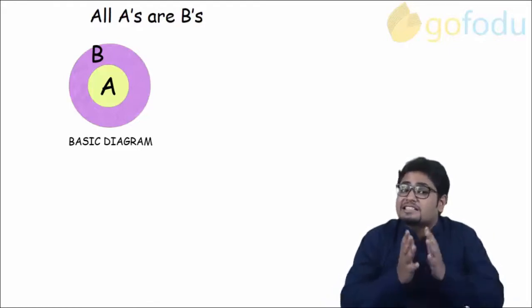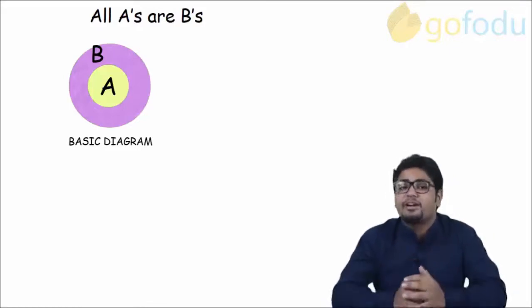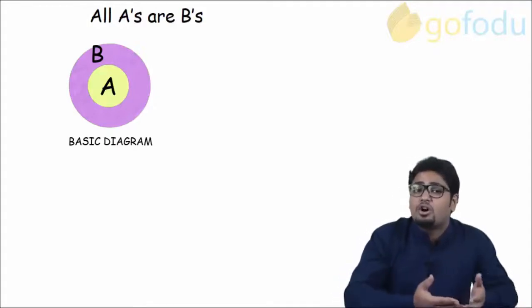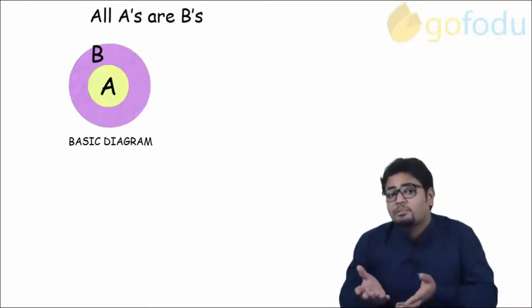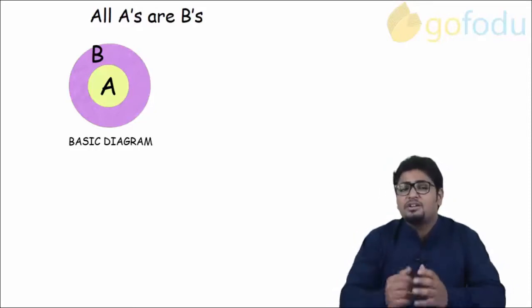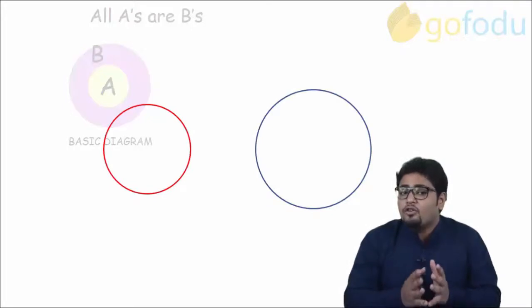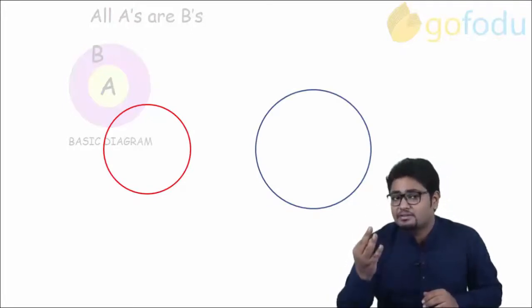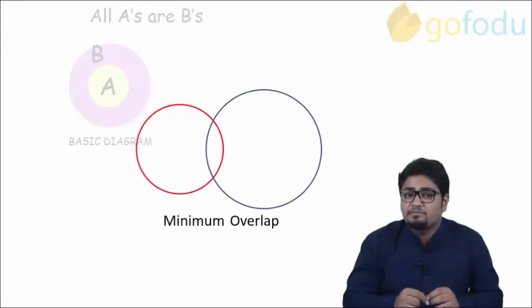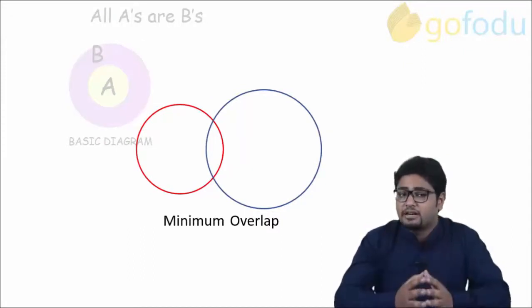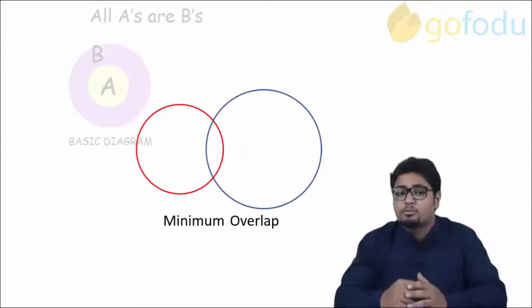Basic diagrams are certainly true based on the statement given. They are drawn on the basis of least or minimum overlapping between the two groups. What is minimum overlapping? The extent of overlap is of three kinds. In this case, the two circles are overlapping only to some extent, that is minimum for both.